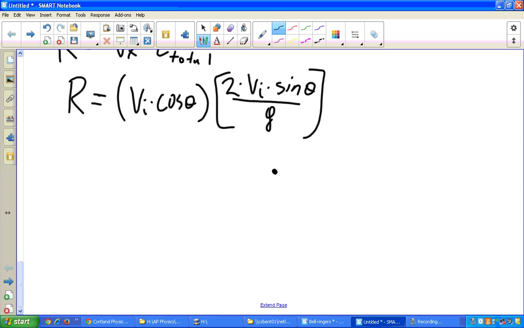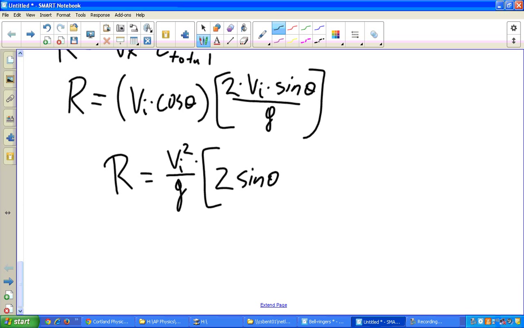If I go ahead and do a little bit of rearranging, I get range equals VI squared divided by g times 2 sine theta cos theta. And what I put in the brackets should stick out as a double angle formula.